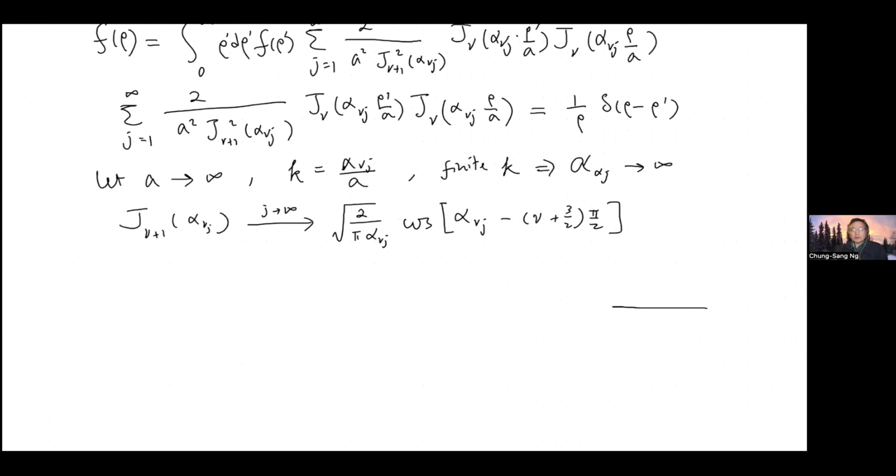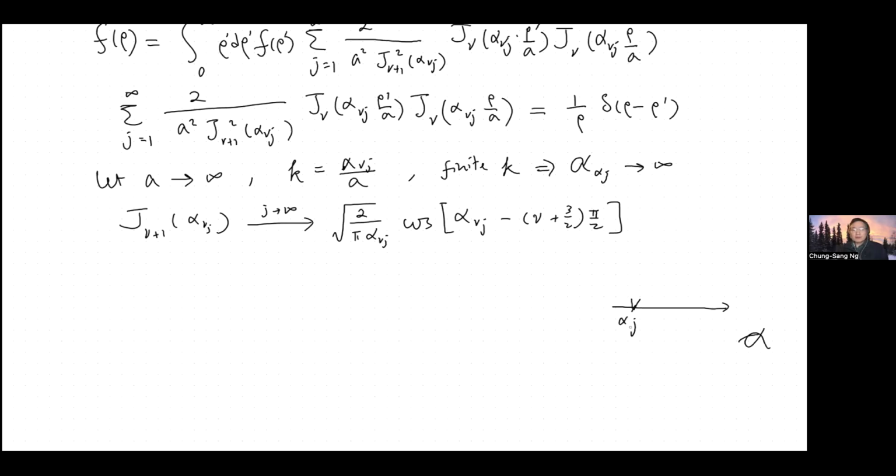If j is along the axis, if this is the zero of the cosine, whatever this argument is, I'll call it alpha. And this is alpha sub nu j here.